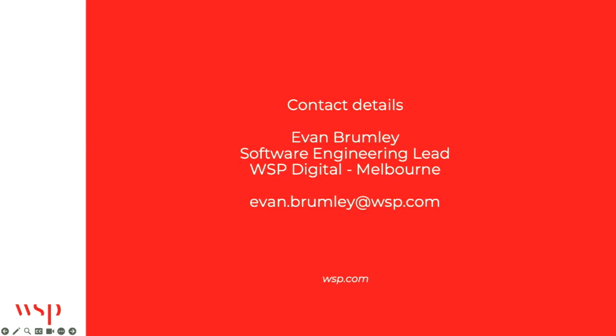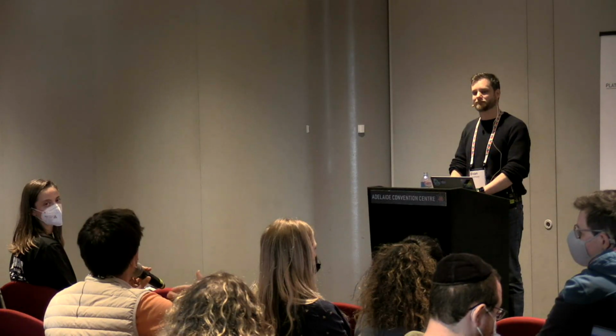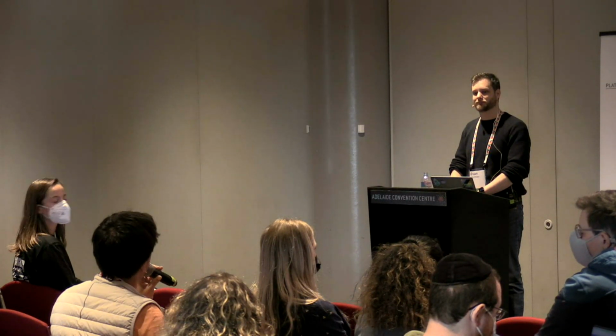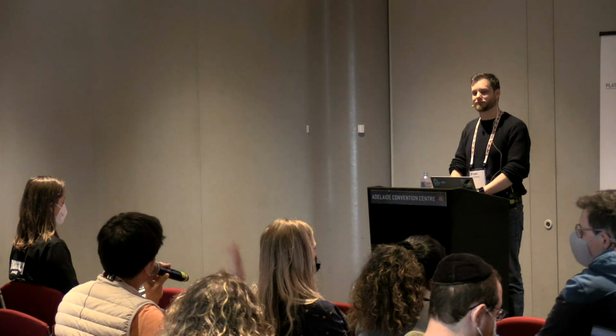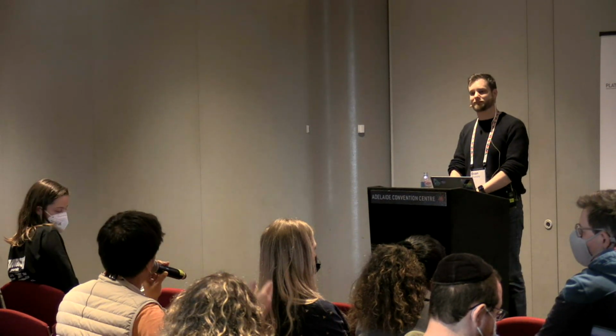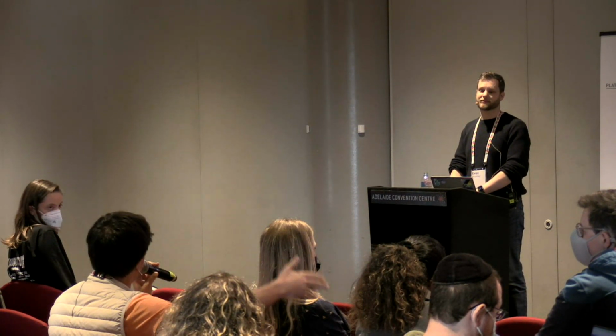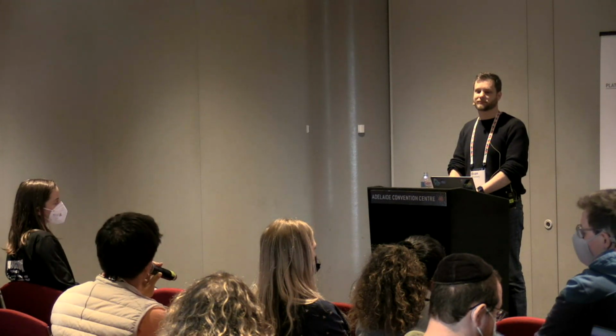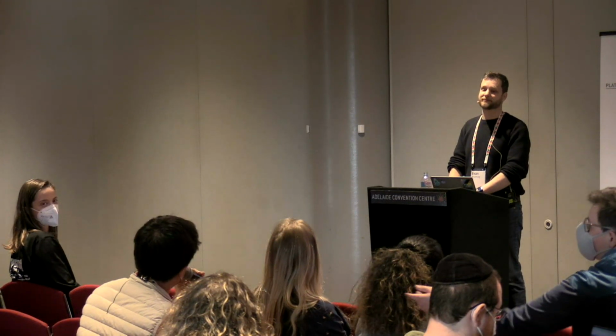AGPL was created specifically for servers, for services, so that if you use that code to run a service on a web server, then you have to make that code open source. The others you don't have to worry about because you're not distributing the code. So was there a question there?